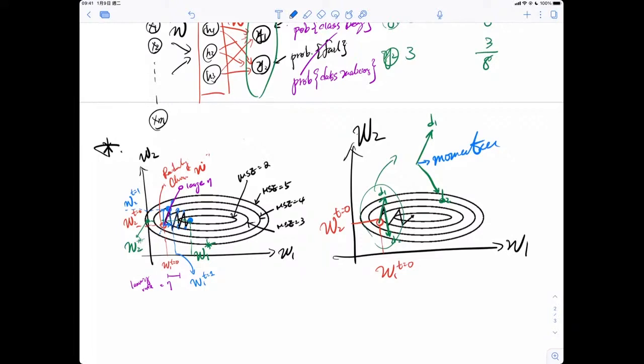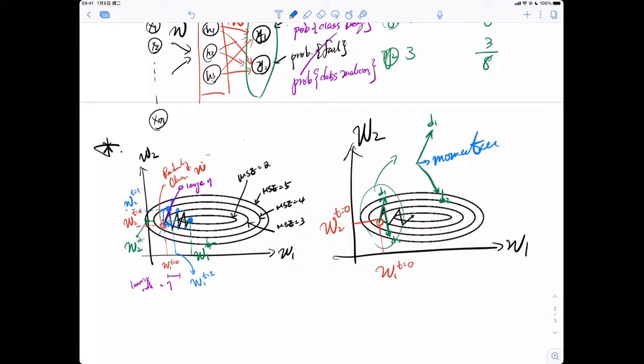Okay, so momentum means that for the first time, I know the direction is D1, and for the second time, after partial differentiation, I know the direction is D2. And we can see that the combination of these two different directions goes toward the right, and we call it momentum. So when you update your weight, we can add more momentum to the right hand side.